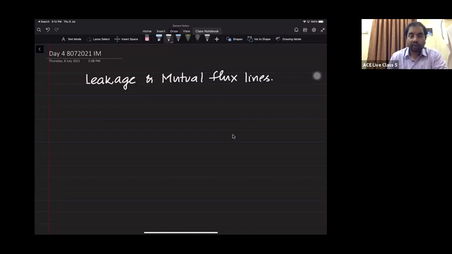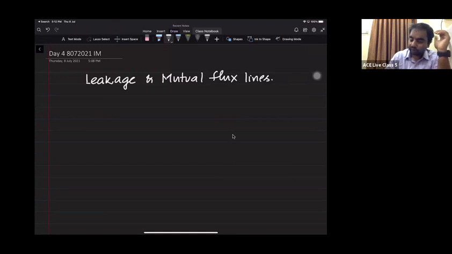Based on this, let me explain what are called leakage flux lines and what are called mutual flux lines. Whenever magnetic flux lines travel in air, they always try to travel a smaller distance in air. Why? Because if they travel longer distances, the reluctance in that path will be very high.